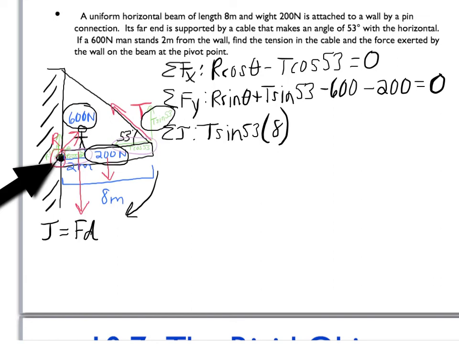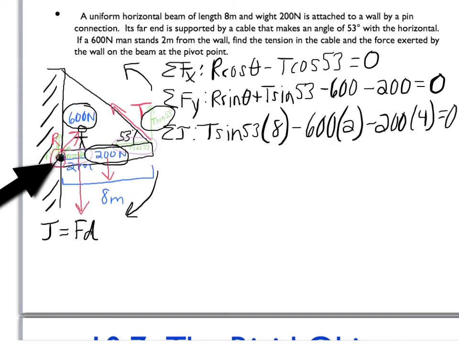That would create counterclockwise rotation and therefore positive torque. Negative torques would come in with the 600 Newton man exerting a torque at his position of 2 meters away from the pivot point, and also a negative torque coming from the 200 Newton bar at its position, which would be the center of mass of the bar, so a position of 4 meters away from the pivot point.